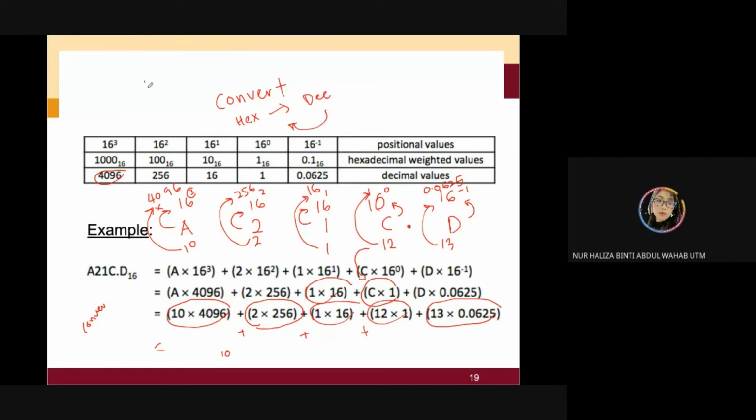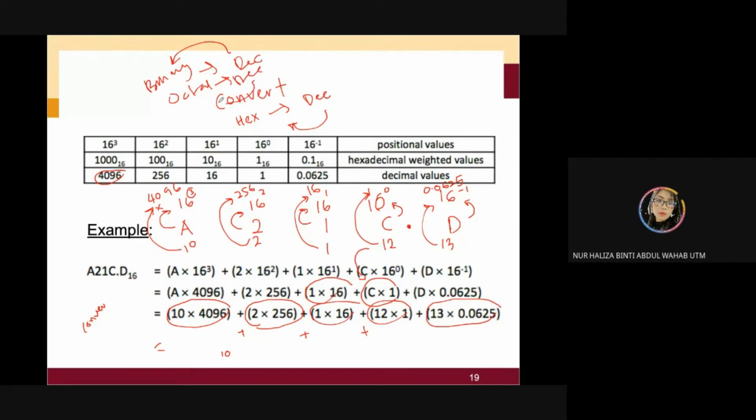So same as whatever, when you have binary to decimal, you can also have possibility to convert back, vice versa, decimal to binary. Same with the octal. Just now you already learned how to convert octal to decimal.